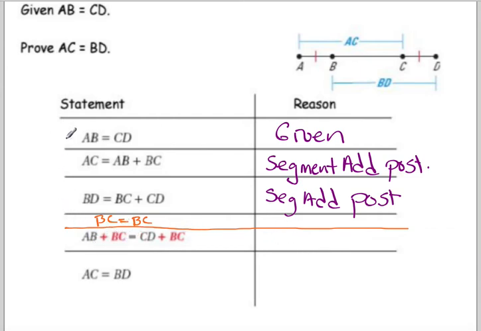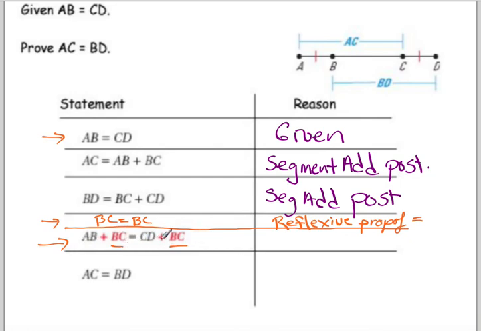They're taking this first line, the line of AB and CD, and they're adding BC to both sides. And since they're going to do that, I should clarify that BC is equal to itself before I start adding with it. And so since it's an equal sign, it's reflexive property of equality there. And then we can add it to both sides.